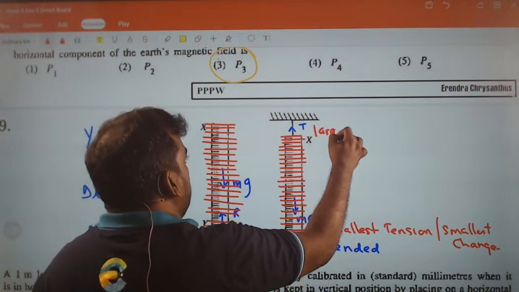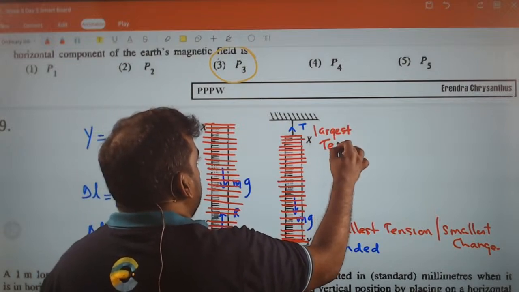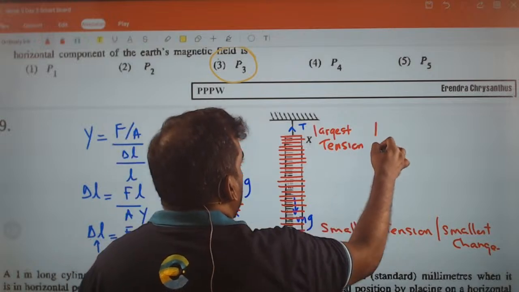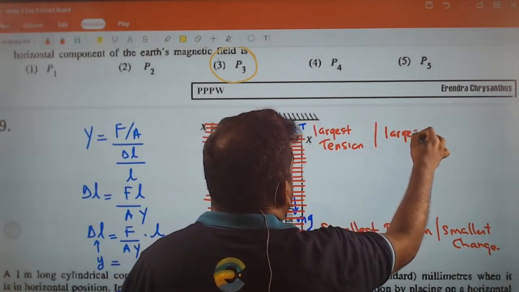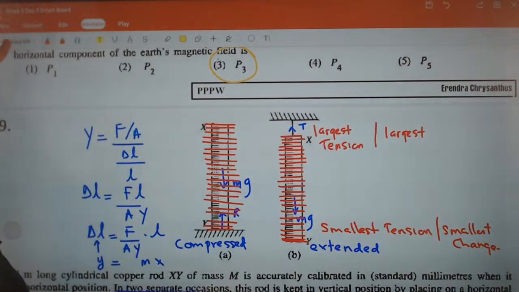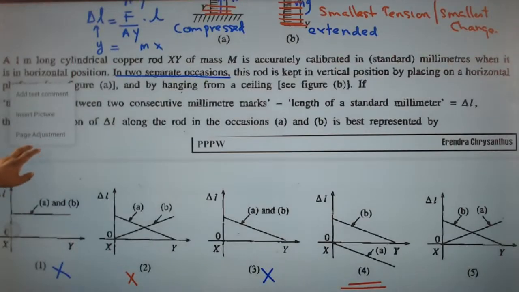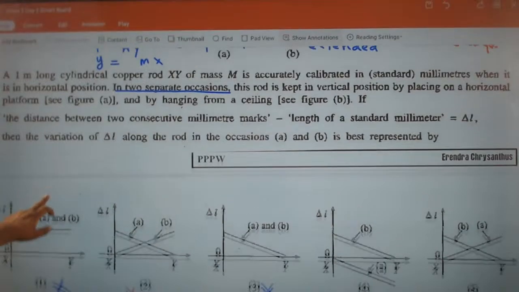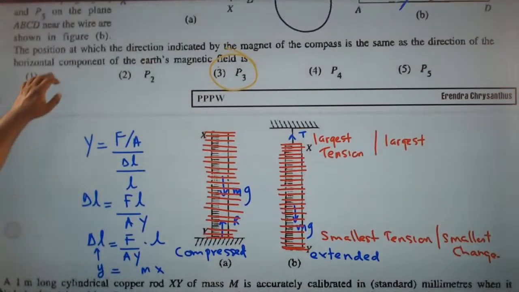Largest tension, greater pull. So here largest tension. So if you look at this, largest expansion.